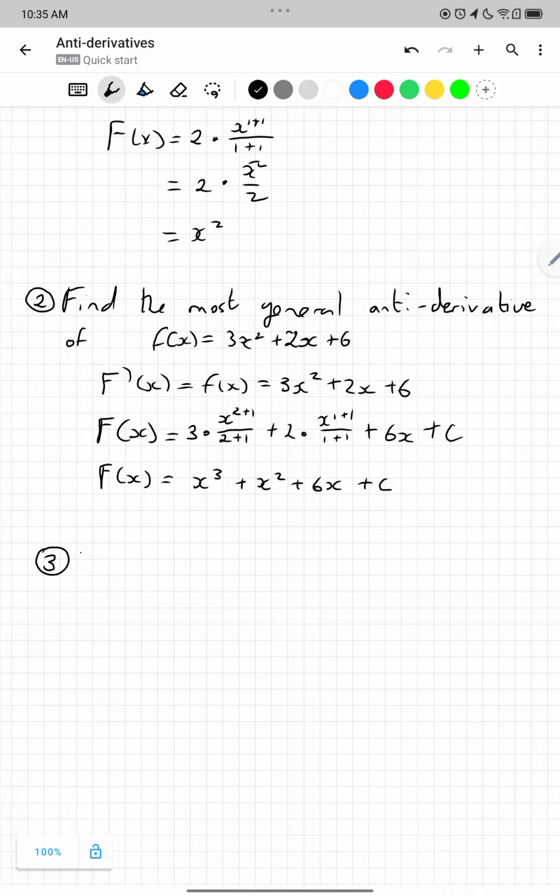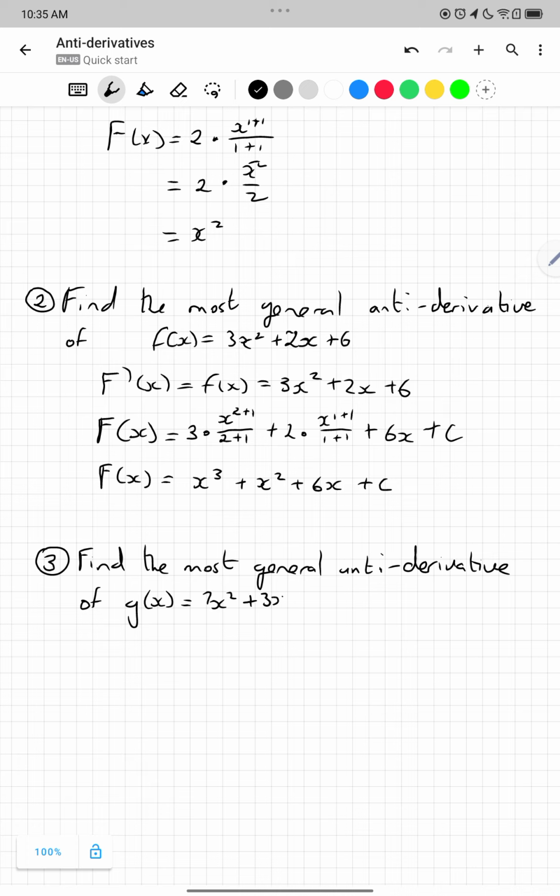It says find the most general antiderivative of g of x is equal to 7x squared plus 3x plus 4.